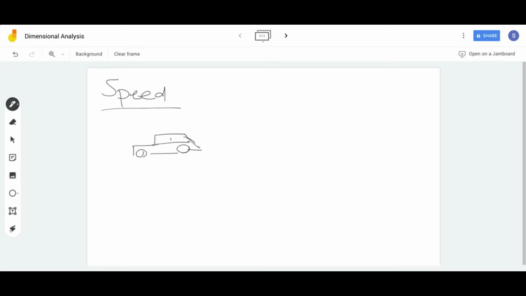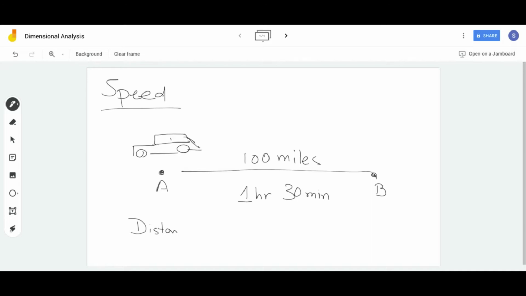It started at point A. Now it moved to point B. It took the truck about 1 hour and 30 minutes to cover a distance of, let's say, 100 miles. Now, what would the speed be? It's basically distance over time. Let me write: speed is equal to distance over time.